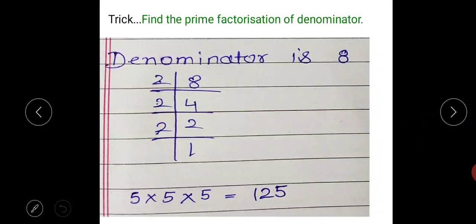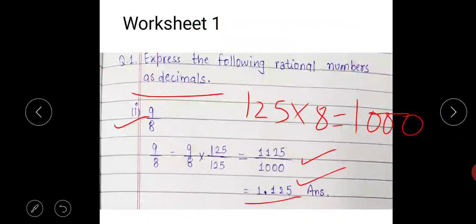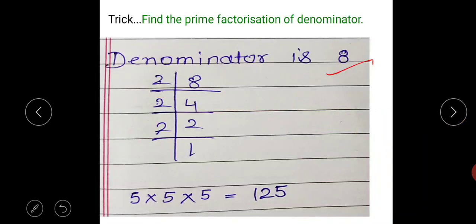So there is one trick to find this number. In this question, denominator is 8. So first of all we find the prime factorization of the denominator in rough work. 2 multiply by 2 multiply by 2.